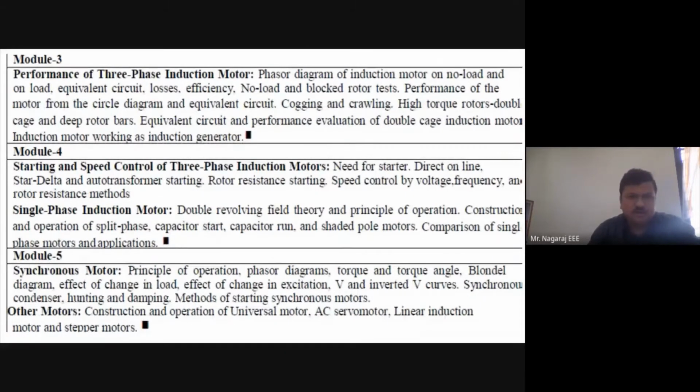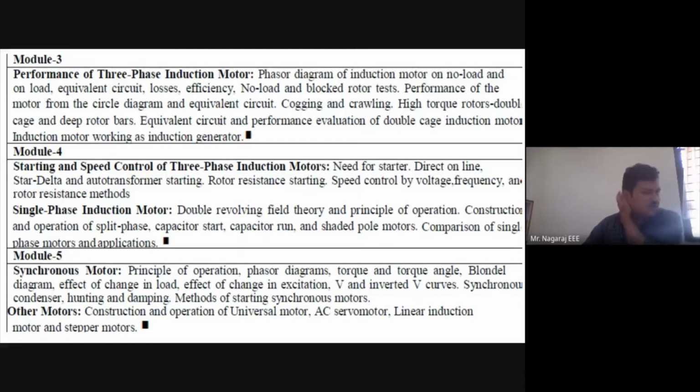In module 3, we will be studying about the performance of the 3-phase induction motor. This is a very important part of this study because induction motors are everywhere. Starting from our house, the water lifting pump is a single phase induction motor. My ceiling fan is a single phase induction motor. To water lifting pumps in barrages, to the motors operating in lifts, elevators, and conveyors.